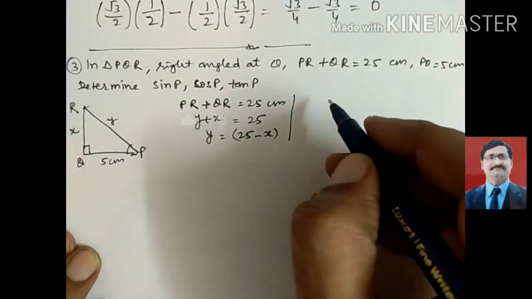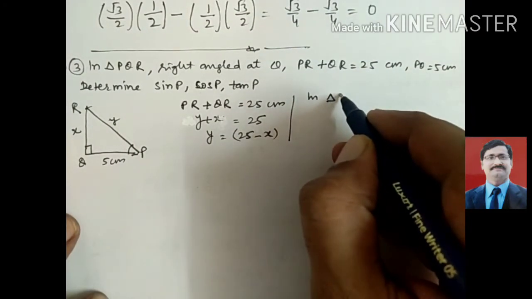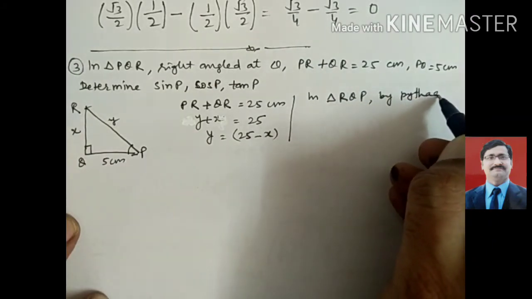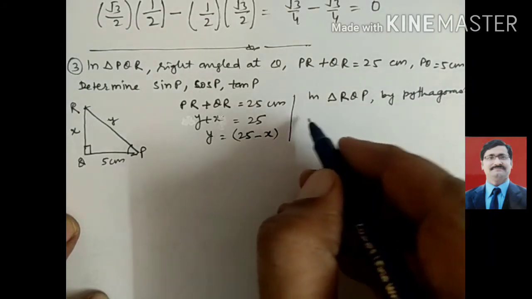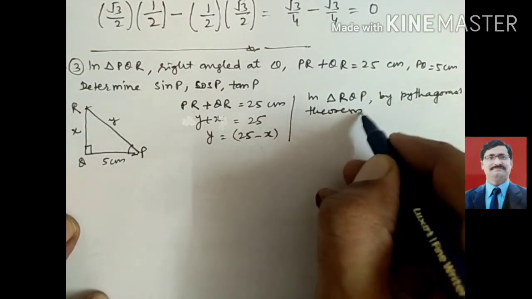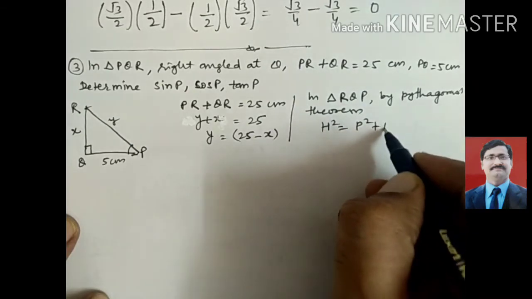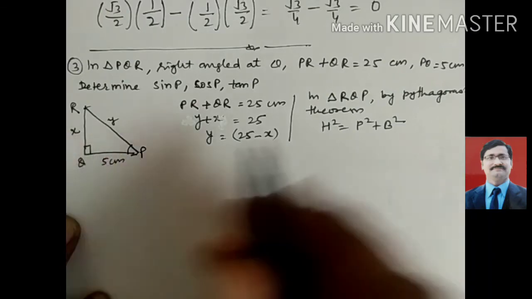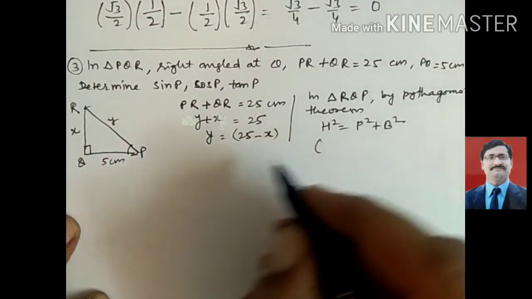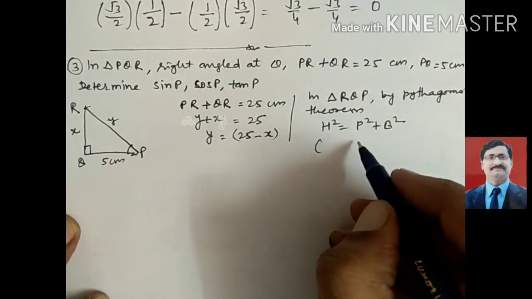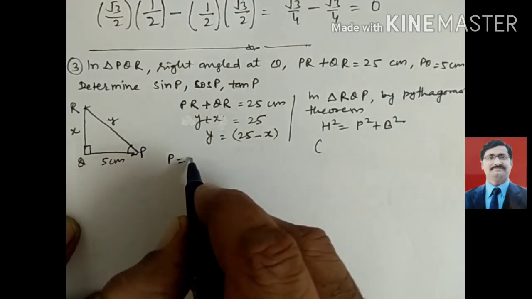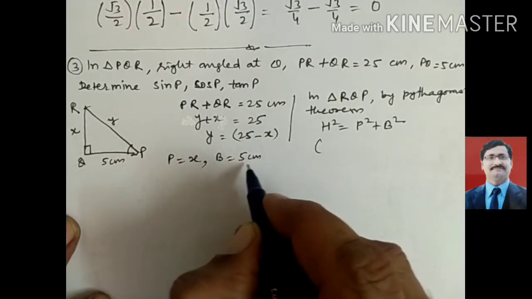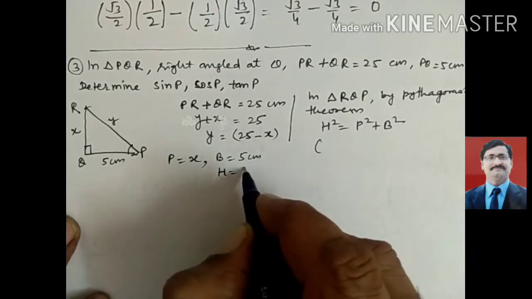And in triangle RQP, by Pythagoras theorem, we can write hypotenuse square equal to perpendicular square plus base square. Look here, the perpendicular is X, base equal to 5 centimeter and hypotenuse is Y centimeter.